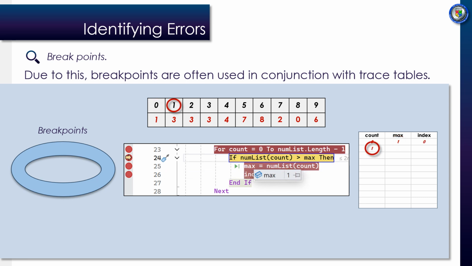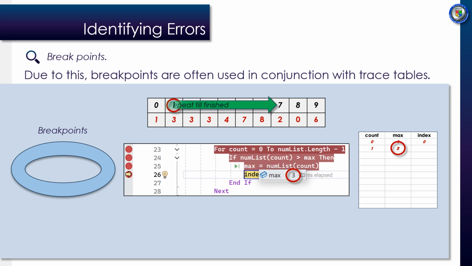Again, second iteration of the loop, count is now 1. Max at this point is still 1. The value contained inside this is 3, and therefore we're going to replace that with 3. So we're halting the code at each line and checking the values of count, max and index, and we would repeat that by traversing through the array as we go.